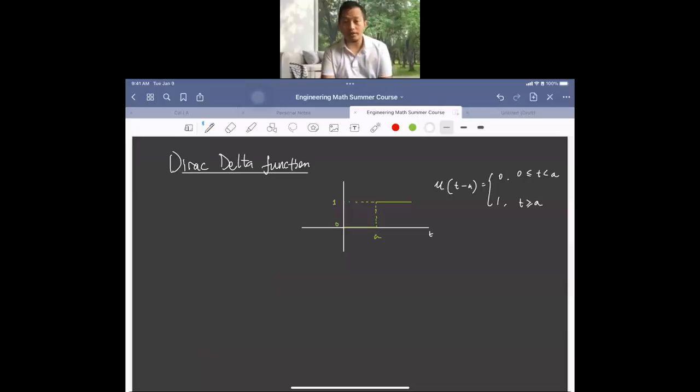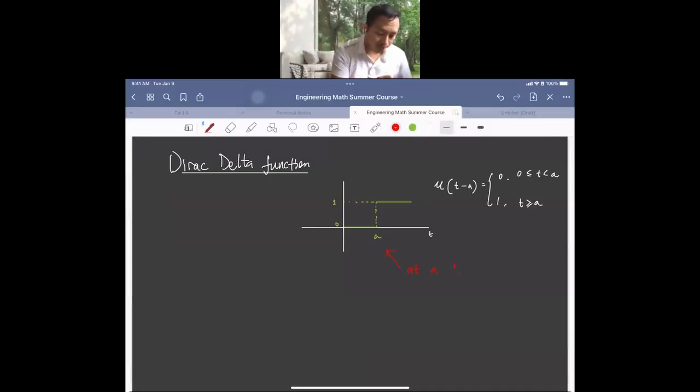So if you notice, at a, there is actually some rate of change that happens instantaneously from 0 to 1. Can you imagine that? Imagine if you are looking at this point a, it has some explosion, right? From 0, suddenly it's 1.